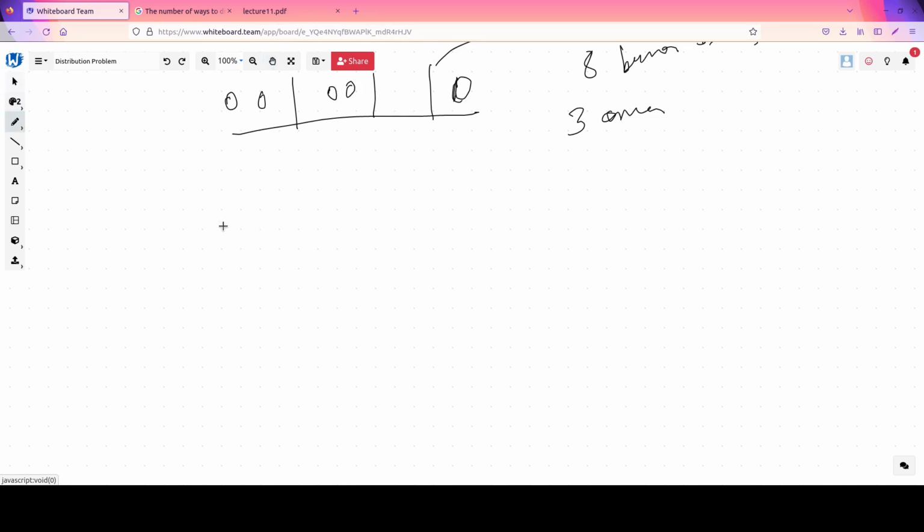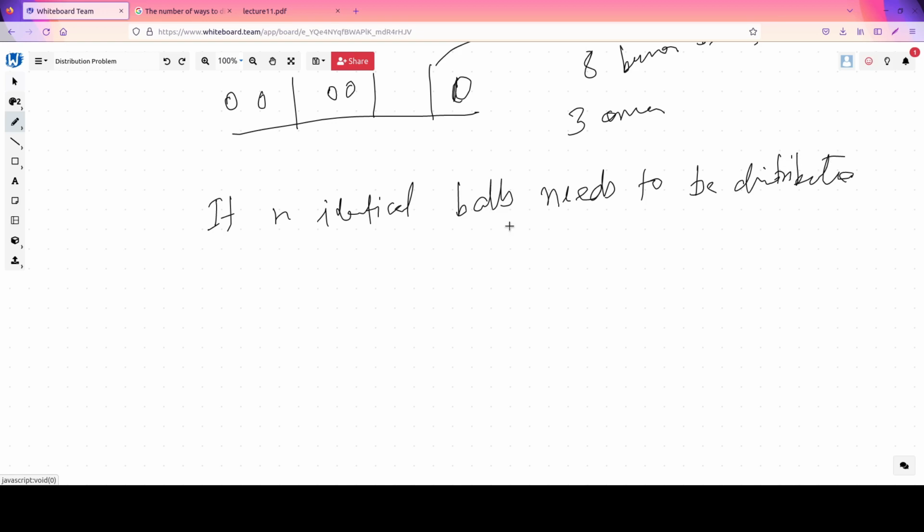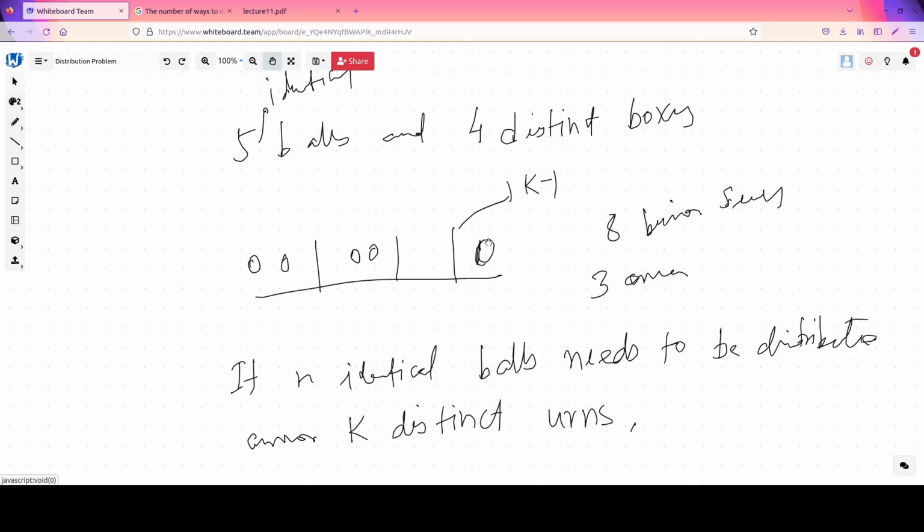So if you write it generally, we will write it formally now. If there are n identical balls that need to be distributed among k distinct urns, the number of ways we can do this is, as you can see here, we have divided the whole set of urns into k minus 1 partitions, and then we are trying to find these ones, right?